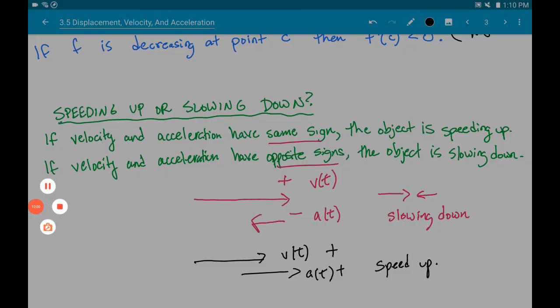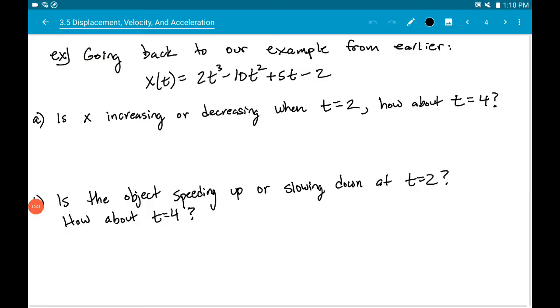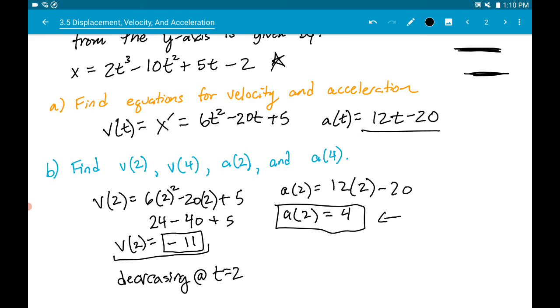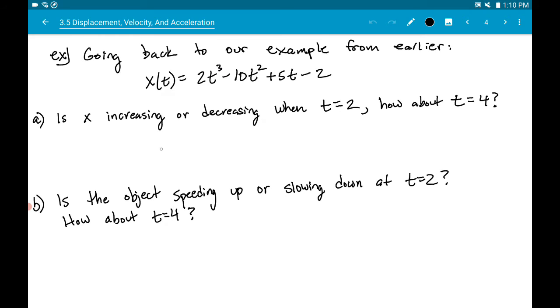So let's look at this in a different way. If we go back to our example, same function. Is x increasing or decreasing when t equals 2? Well, if v of 2 is negative 11, we say that it's decreasing because the derivative is negative.